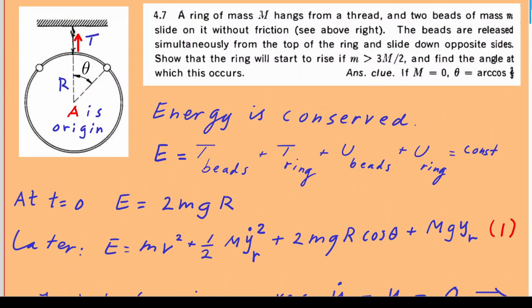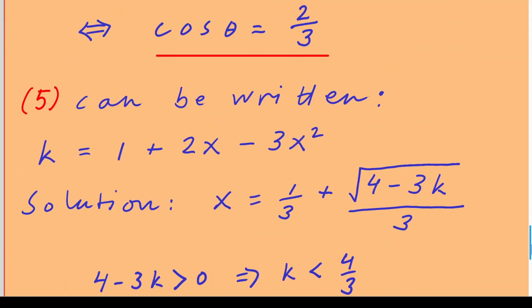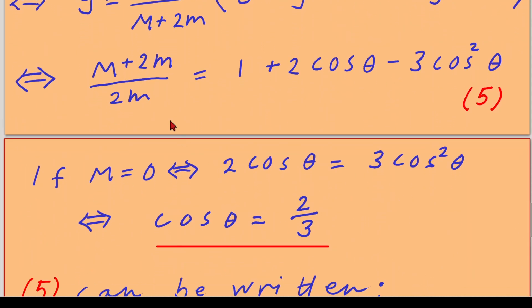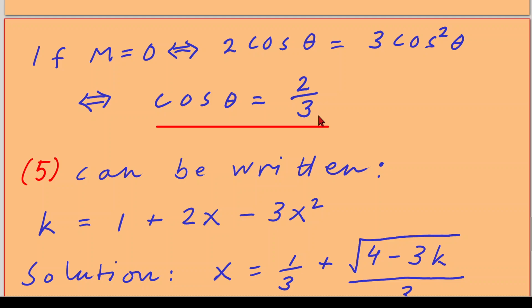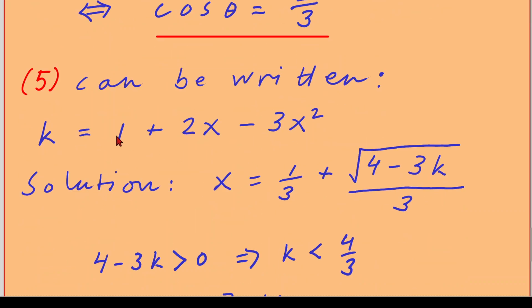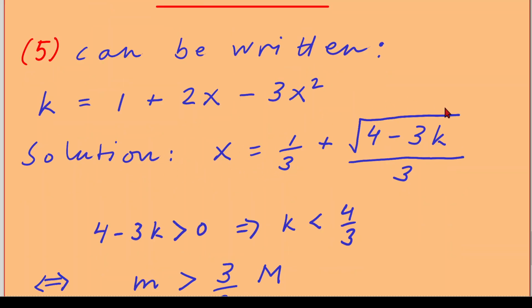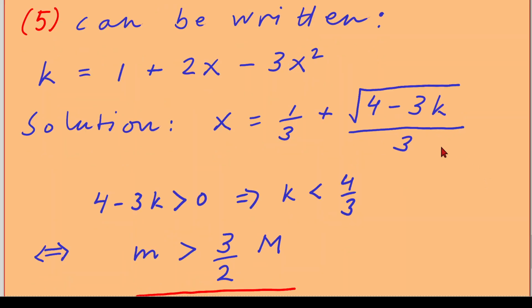And the final thing, we should show that the particle masses must be larger than 3/2 times capital M. The same equation can be used. Suppose we call this constant k, 1 plus k, and we call this x, so 1 plus 2x minus 3x squared. This is what you have here. Let's solve that, and then you get this expression here, and you see x, which is cos theta, should be a real number.